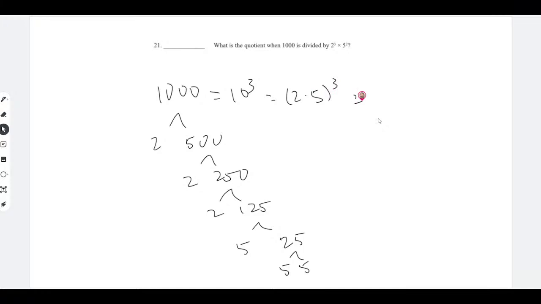And then exponent properties gives 2 cubed times 5 cubed. So 1000 is 2 cubed times 5 cubed, and then if you divide this by 2 cubed times 5 squared, then the 2 cubes cancel out, and then two 5s will cancel out from the top, so then you just have 5. That's your answer. So that's just what you do. Okay.